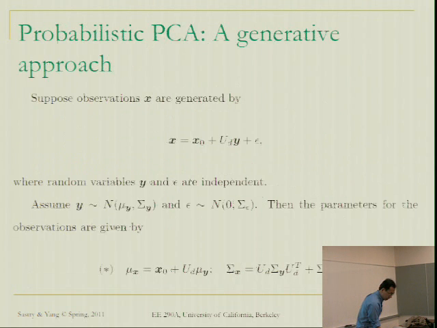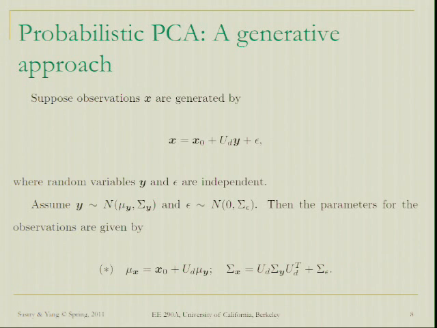Okay. And we also talked about probabilistic PCA, and the approach assumes that observations x are generated by this equation, with three terms. The first term is the mean vector, and the second term consists of a representation of the basis U_d and random variables y and epsilon.